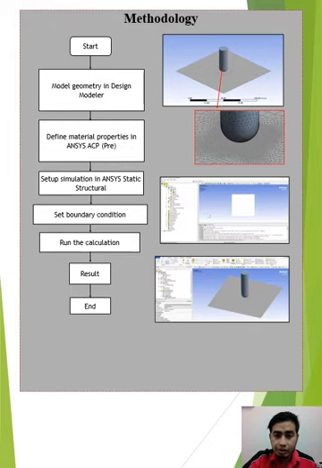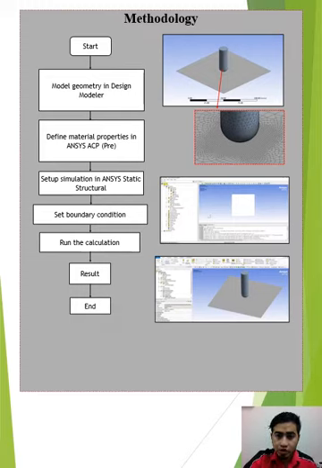After defining the material properties, the design was then transferred into ANSYS Static Structural to begin the simulation. The accuracy of the output result depends on the quality of the mesh. Therefore, a general mesh was applied to all of the bodies, and face meshing was employed on the area of contact between the indenter and the composite panel.